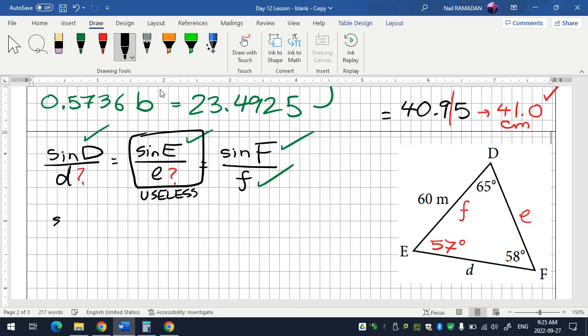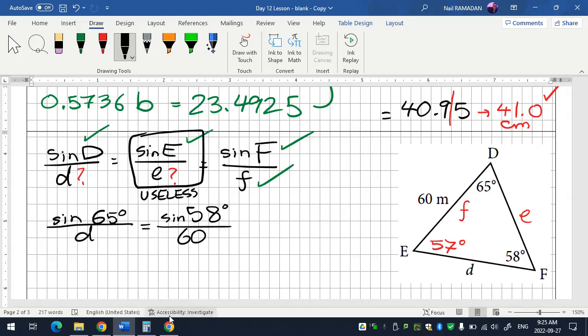All right, let's do this. Sine of capital D, 65 degrees, over small d. Don't call it x, just keep calling it small d. Sine of the 58 over F, 60.